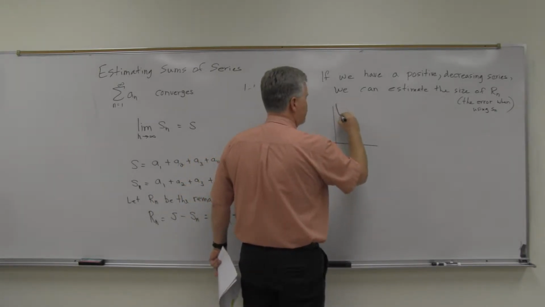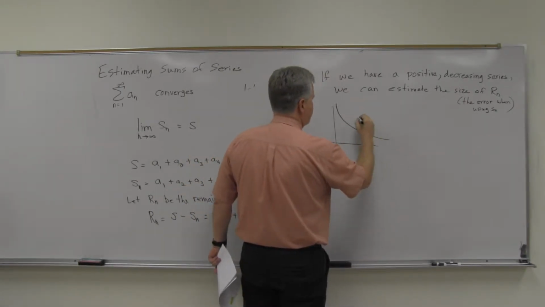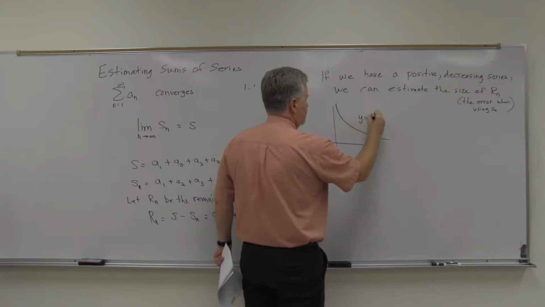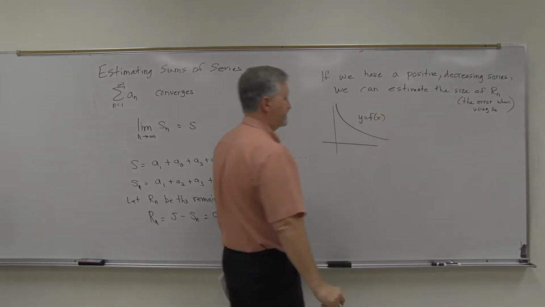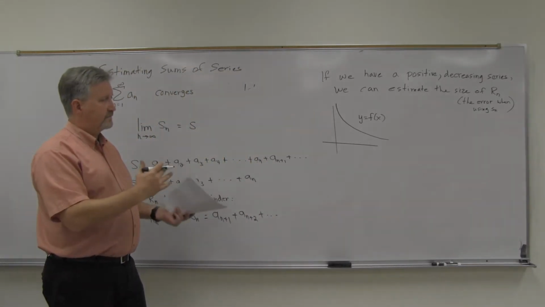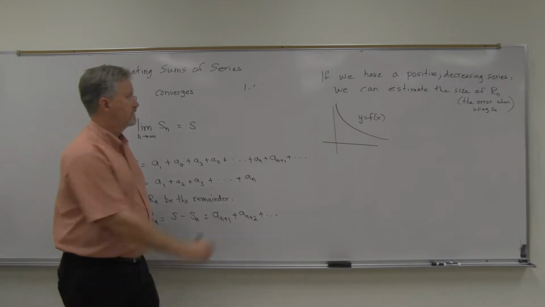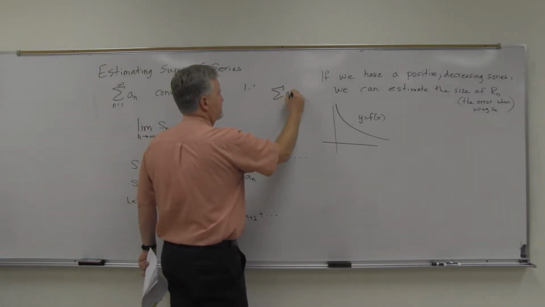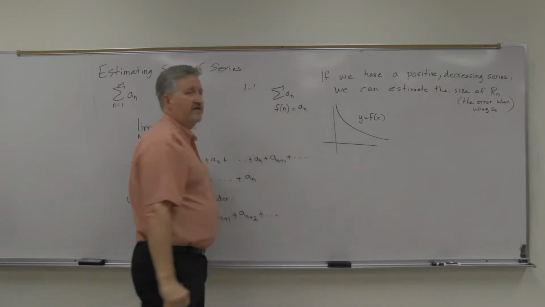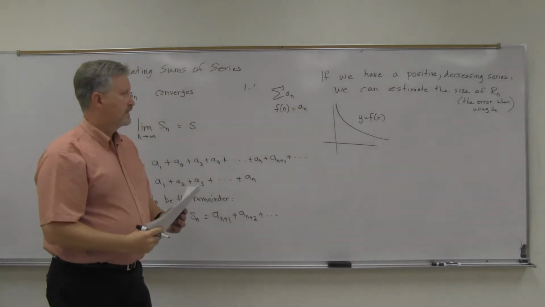We've got this positive decreasing series, and we related it to this. Remember, f of n was our function. We're talking about a series, and so f of n was the a sub n term.